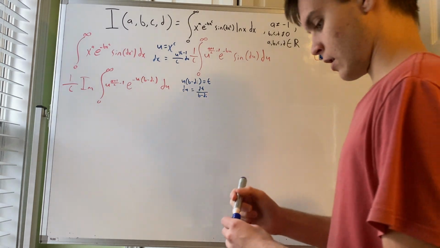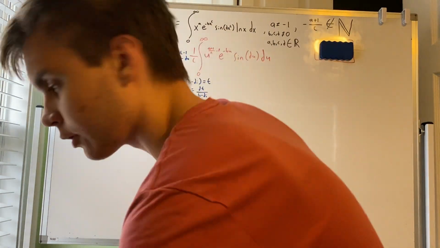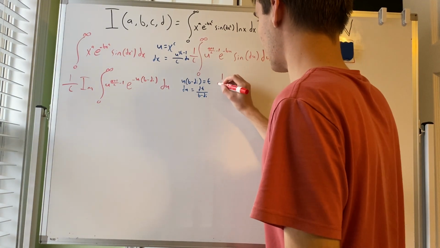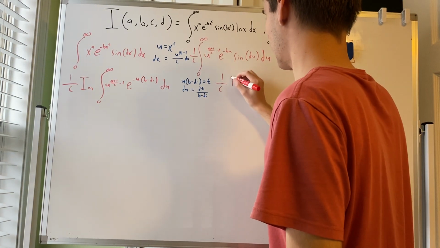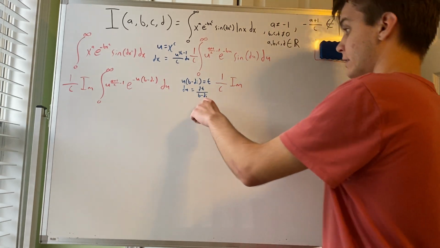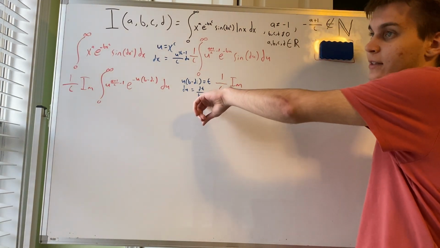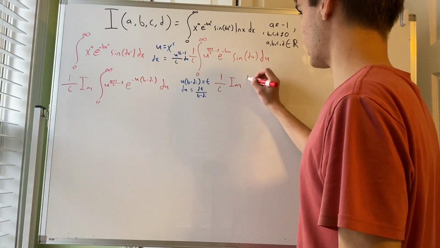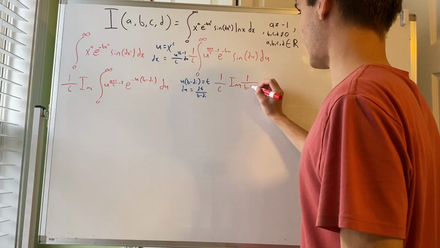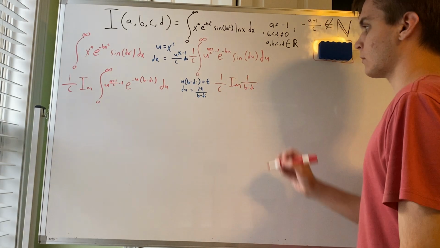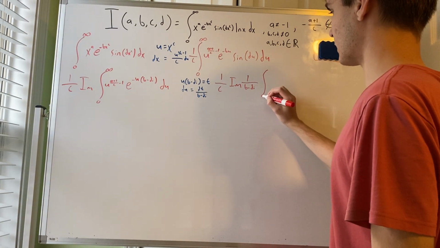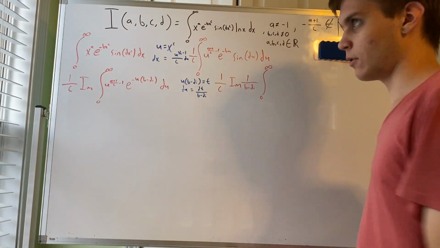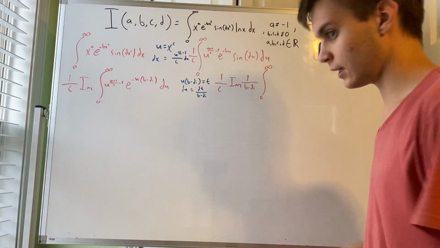So how's that going to change our integral? We have a 1 over c times the imaginary part. Now the differential term is going to have a b minus di in the denominator. Since that's a constant, we're just going to pull it out front like this. And once again, the bounds are unchanged. As u is 0, t is 0, u is infinity, t is infinity.